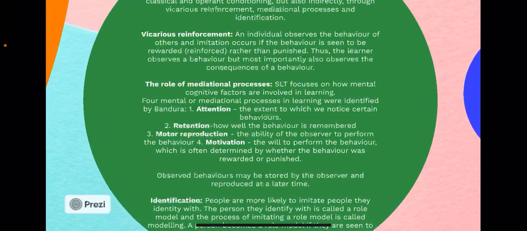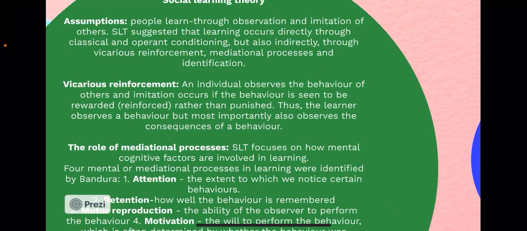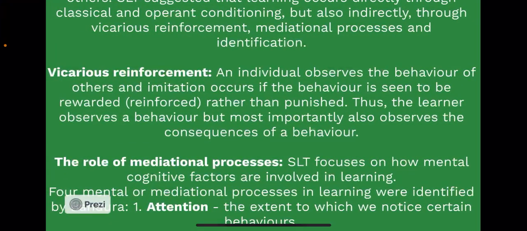So let's have a look at these. Vicarious reinforcement. This is when an individual observes the behaviour of others and imitation occurs if the behaviour is seen to be rewarded. So we've got that key term imitation there. The key term imitation is repeated throughout.